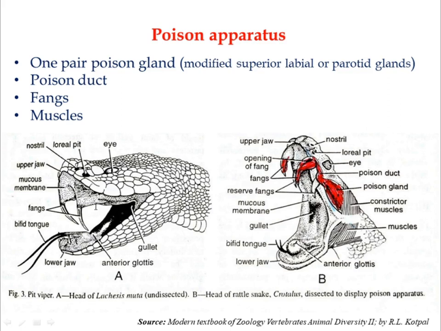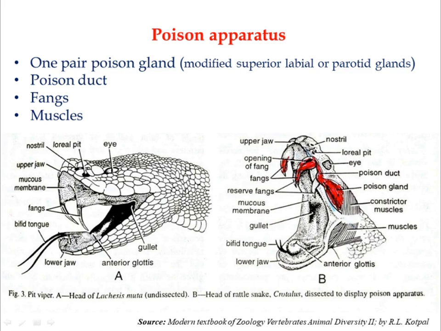These type of fangs remain permanently erect, means they cannot be folded inside the mouth, and since they remain permanently erect, they are smaller in size in comparison to solenoglyphous, which can be folded inside the mouth since they are larger in size.